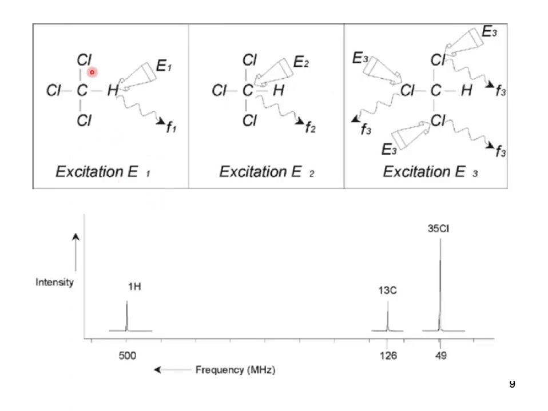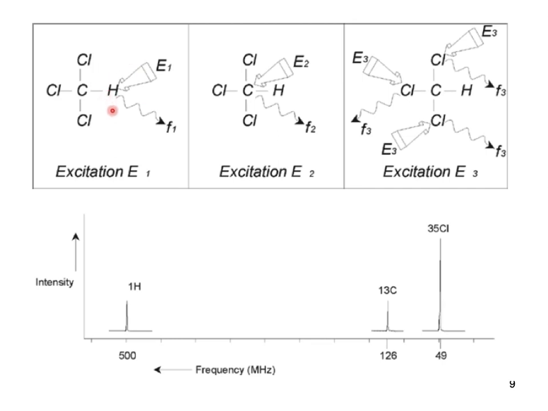Here you can see there are different types of nuclei, for example chlorine, carbon, and hydrogen. All the nuclei have different frequencies, meaning that information about these nuclei can be observed at a particular frequency, which is within the radio frequency range.